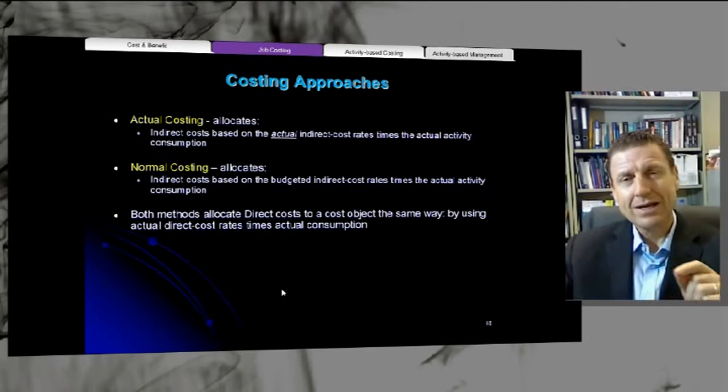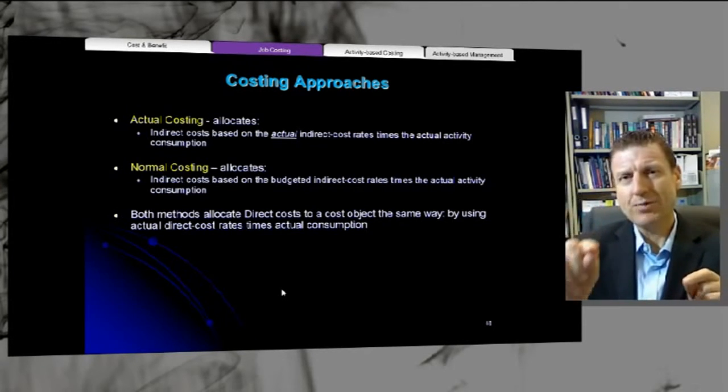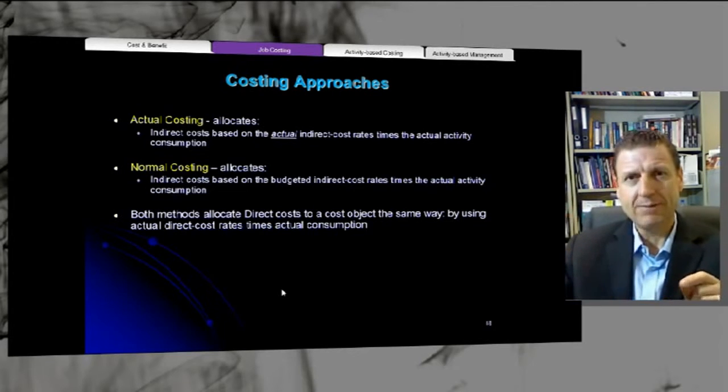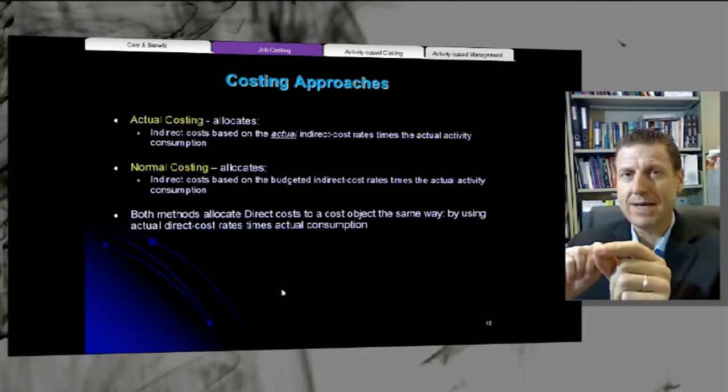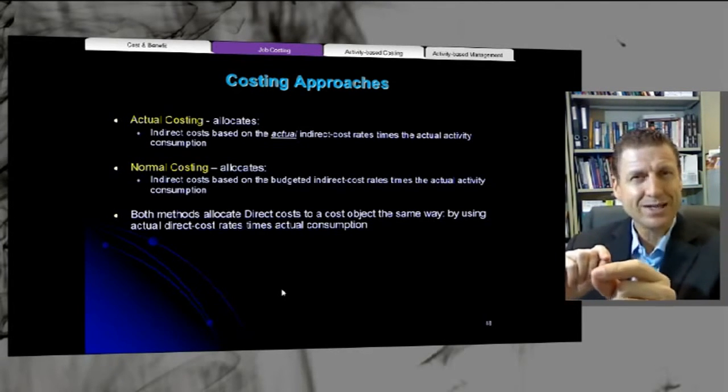Now you can get feedback from your actual costing. But the actual costing doesn't help you at the beginning. It helps you in the feedback later on, where you compare your actual costs with what you thought the costs were likely to be based on predetermined standards. You see what I mean?